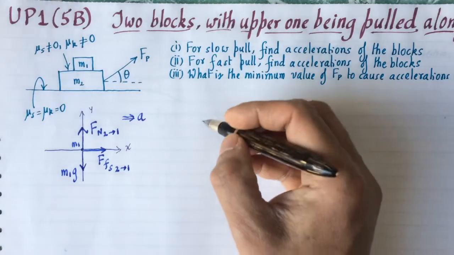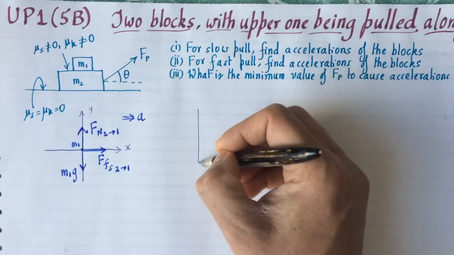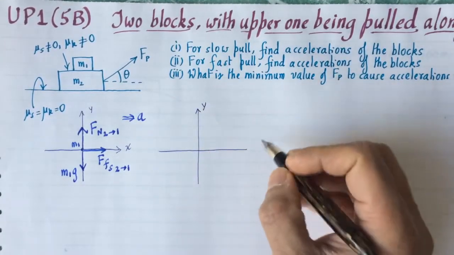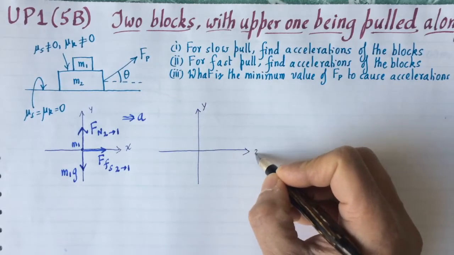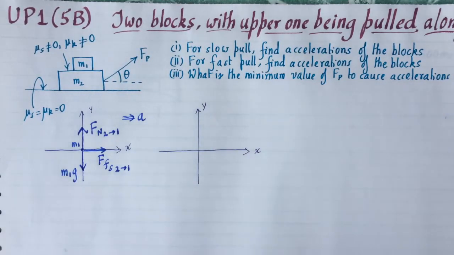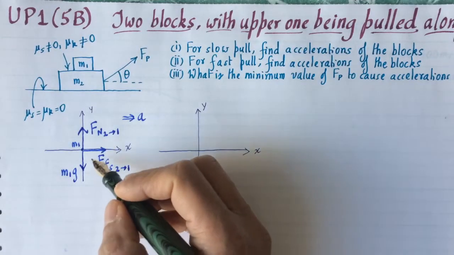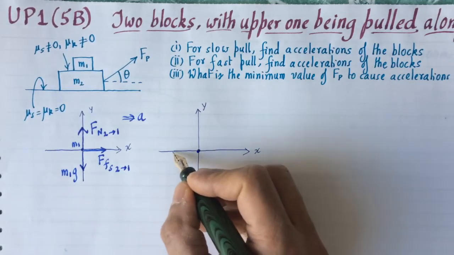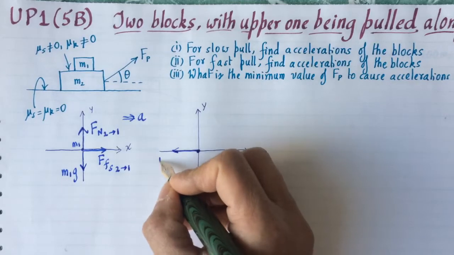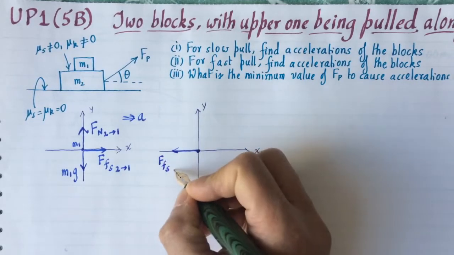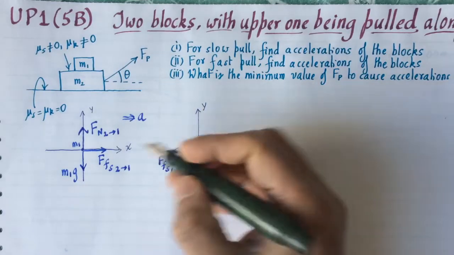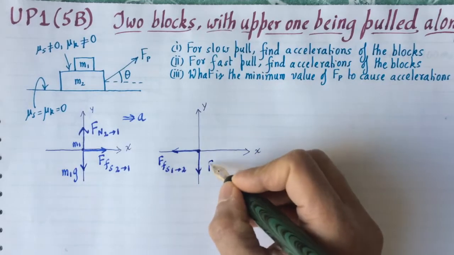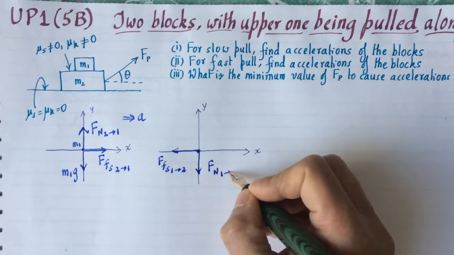For the lower block, the free body diagram looks like this. First of all, there's going to be the reaction forces, so equal and opposite. So the reaction force for the force of friction is going to be the force of static friction 1 on 2, and then the reaction force for the normal force is going to be the normal force 1 on 2.